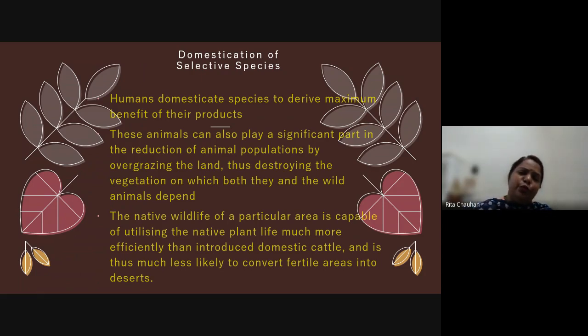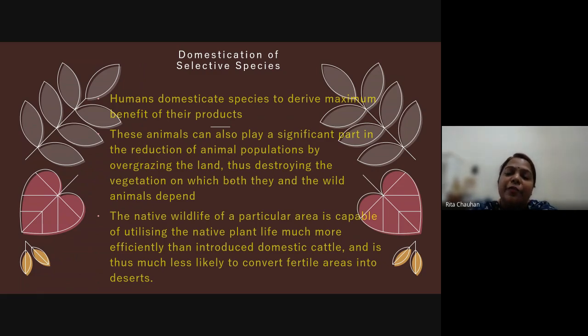So if we do not kill or eat them, then their population will increase slowly. So it will affect the other animals also, the native wildlife of that area. And when we reintroduce these domestic cattle to the forest area, they are not able to survive there. Why?